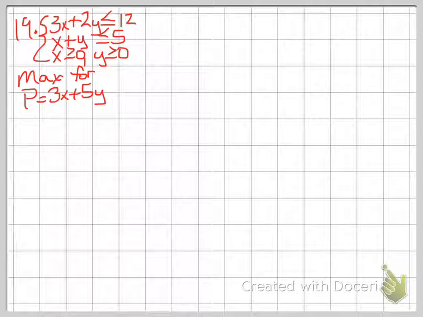I have x is greater than or equal to 0, and y is greater than or equal to 0. I'm looking for the maximum for p equals 3x plus 5y.